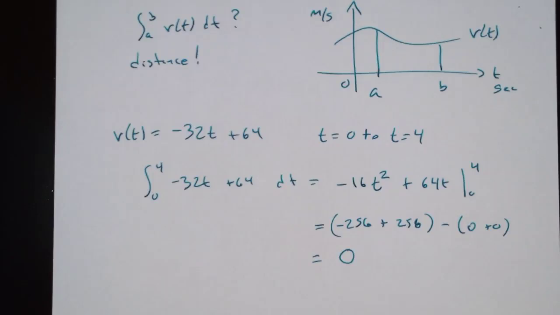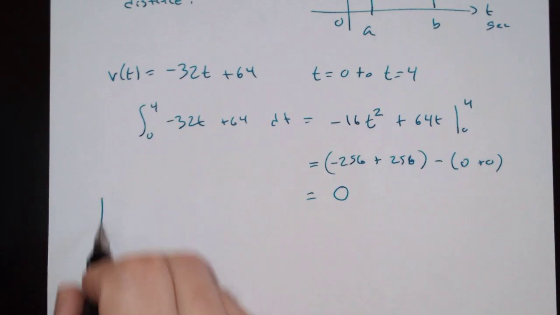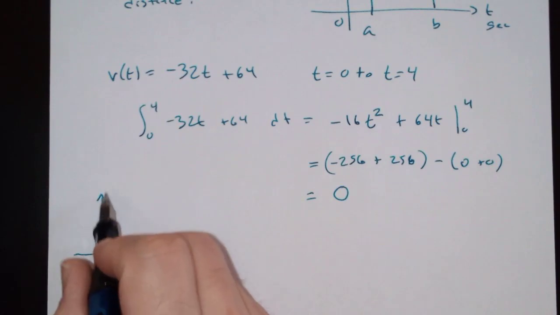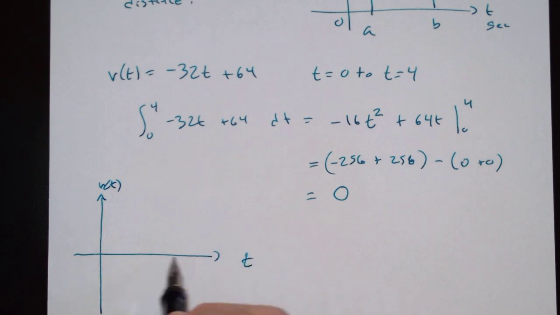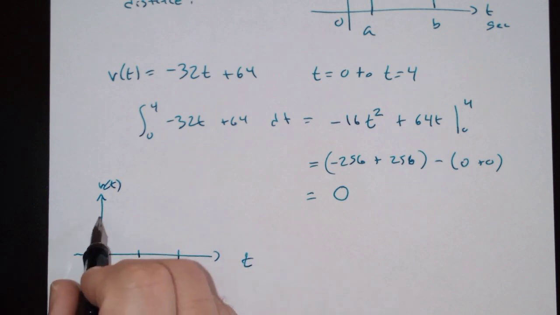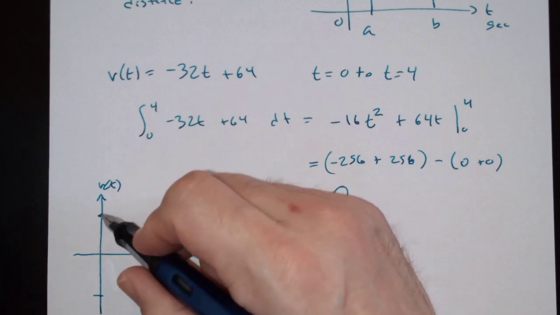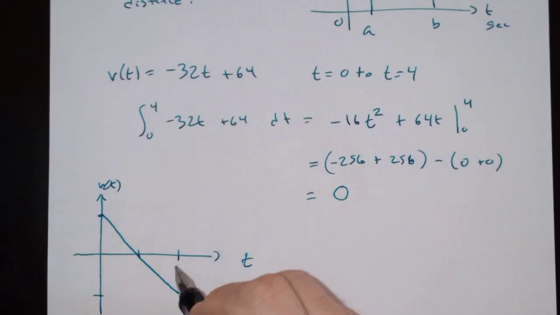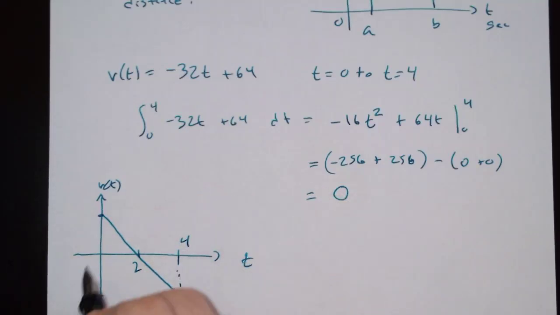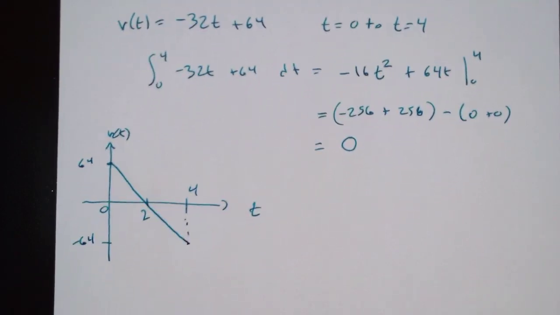In this case, my object went to the right and then came back to the left and ended exactly where it started. If we graph our velocity equation, we actually see this picture.